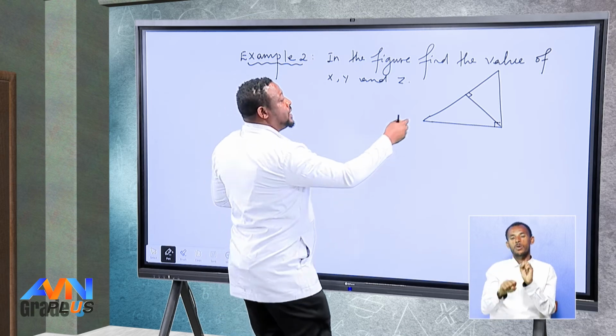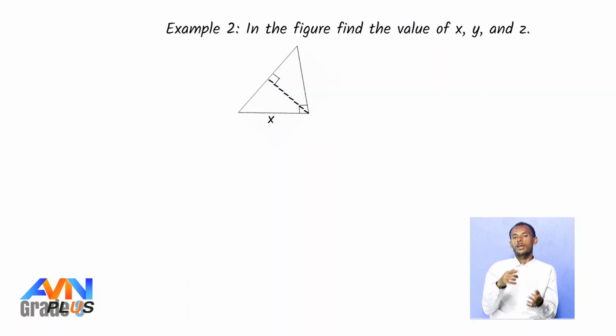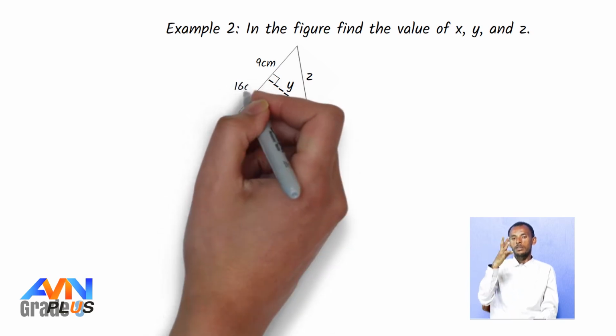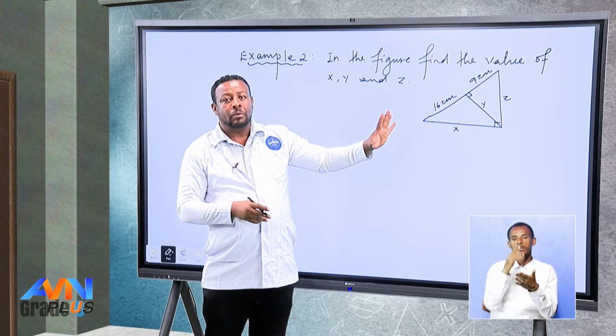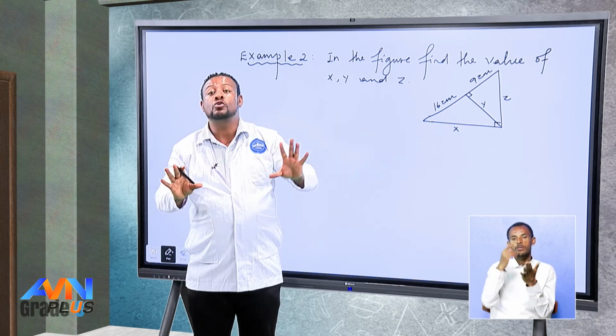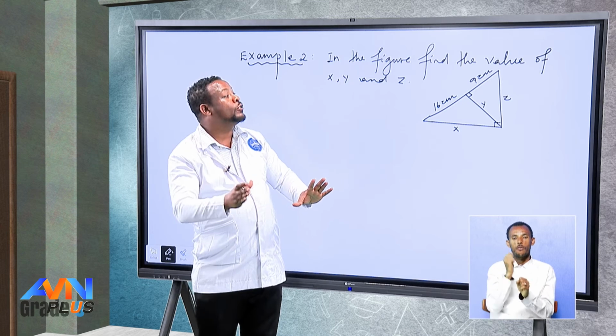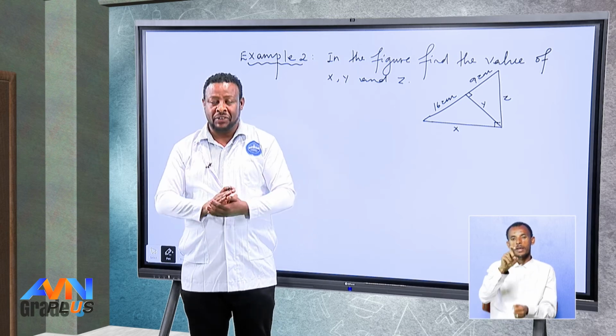So assume this is x, y, and z. Let's say the adjacent sides are 9 centimeter and 16 centimeter, right? So based on this figure, you are asked to find the unknown variables x, y, z, right?